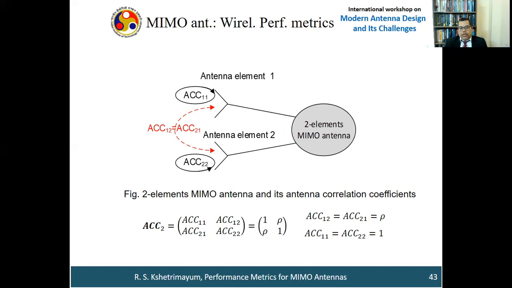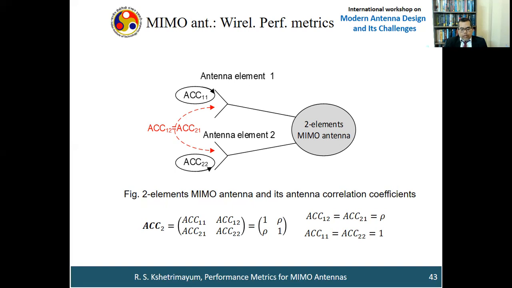If you find the antenna correlation coefficient of antenna 1 and 2, or of antenna 2 and 1, they should be equal. The SCC matrix for this 2-element MIMO antenna is SCC1,1, SCC1,2, SCC2,1, and SCC2,2. SCC1,1 and SCC2,2 are 1 because this is the self-similarity of the 3D radiation pattern of MIMO antenna 1 with itself, and MIMO antenna 2 with itself.